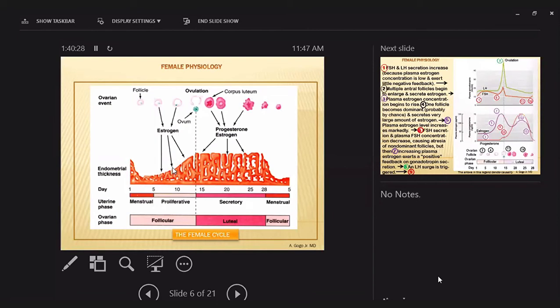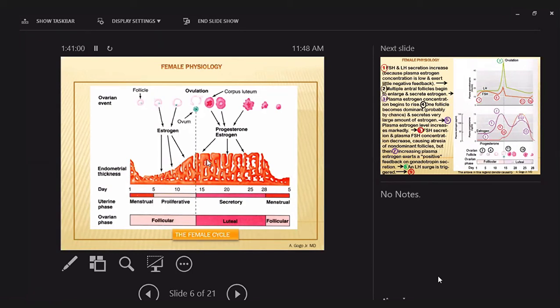Your estrogen. Because the ovary will produce estrogens, okay, in its development. The theca and granulosa cells will produce estrogen. Then the ovum is released during ovulation at day 14.